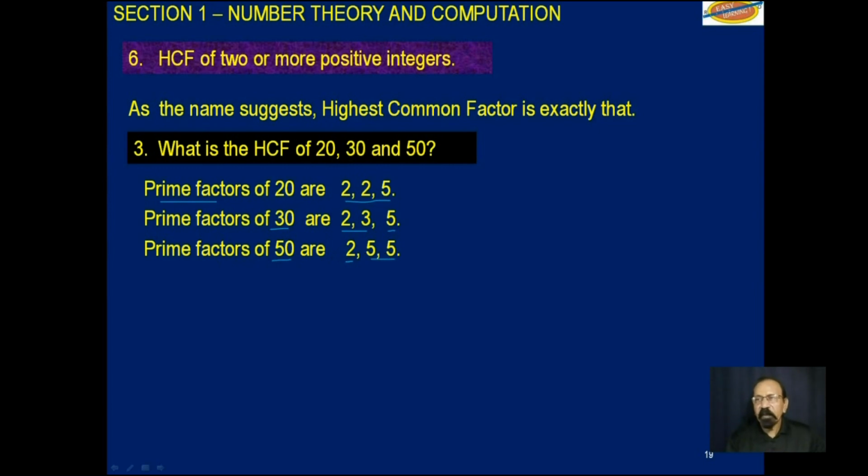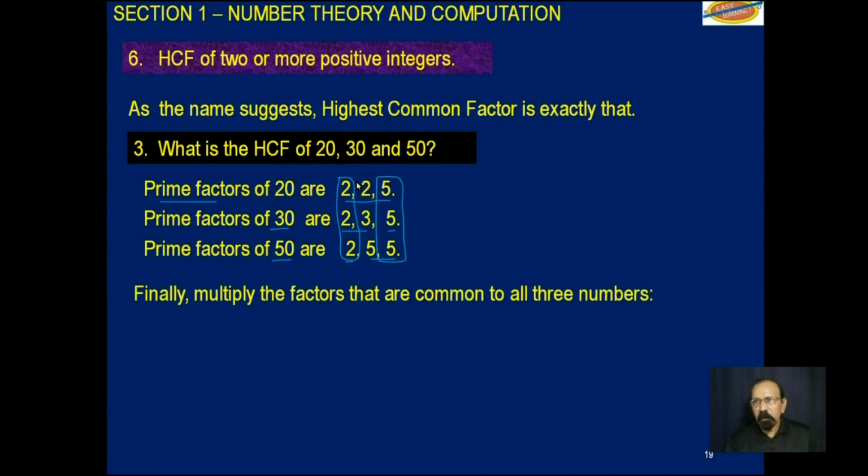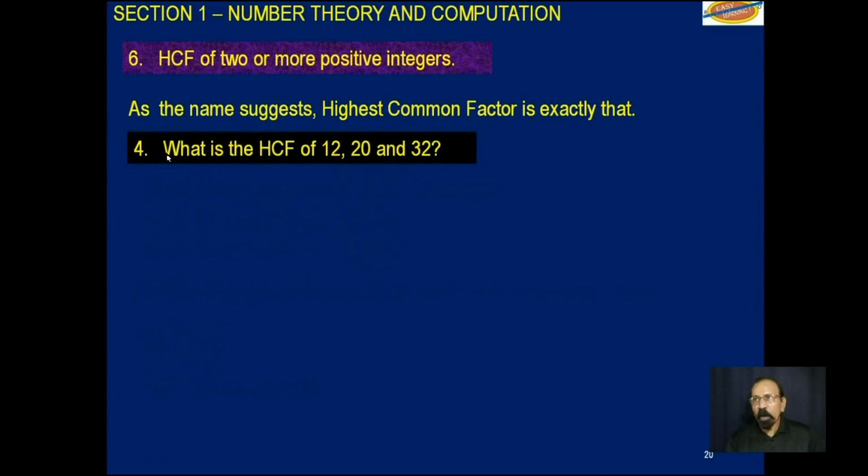Now, do we have anything common in there? Well, sure, we have a 2 here, and we have a 5 here. So we will multiply those 2 factors that are common, and 2 times 5 would give us 10. So the HCF of 20, 30, and 50 is 10. That's example 3.